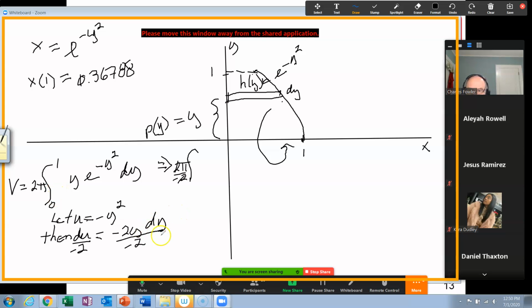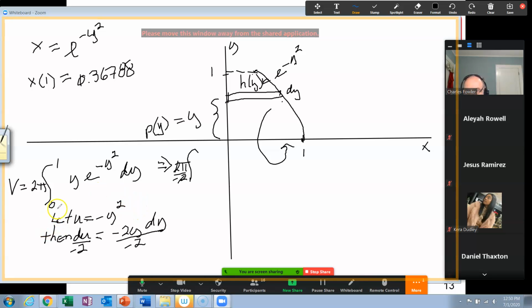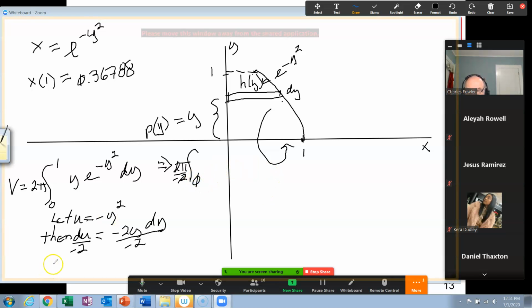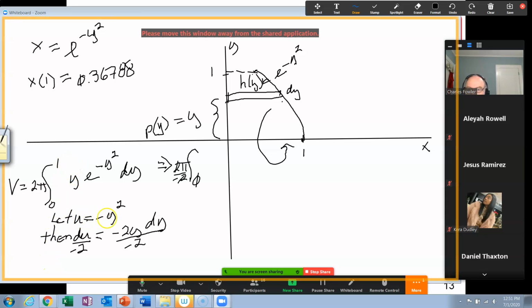What we're going to have now is a du, so we need limits for u. So let's plug those in. When y is equal to 0, u is equal to 0, right? When y is equal to 1, u is equal to negative 1. Well, whoa, folks, I don't really like that, but we'll deal with that in a minute.